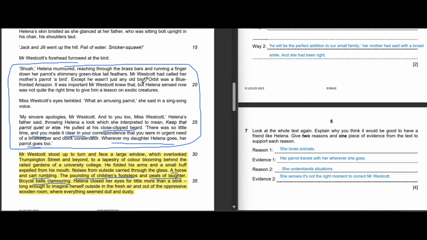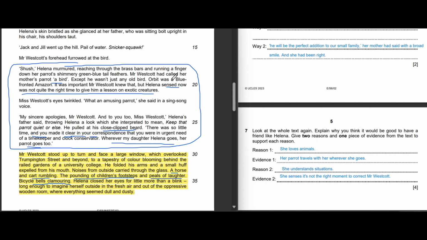okay, and here we can see that Mr. Westcott said, except he wasn't, called the parrot a bird. And for Helena, Helena senses that now was not quite the right time to give Mr. Westcott a lesson on an exotic creature.